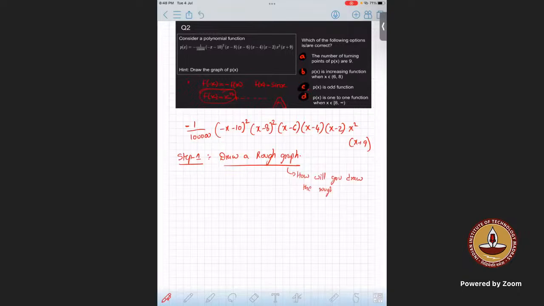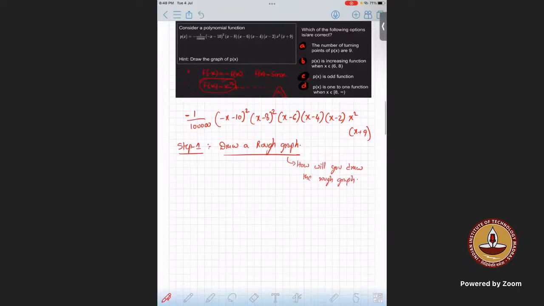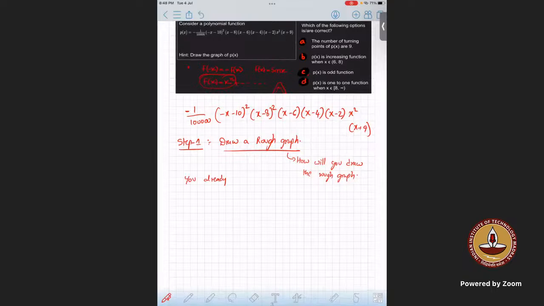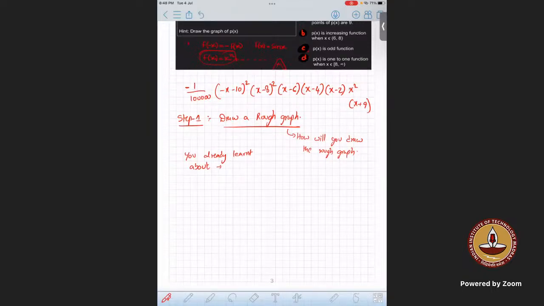Look, you already learned about end behavior, the endpoint behavior of the polynomial. We'll use that.